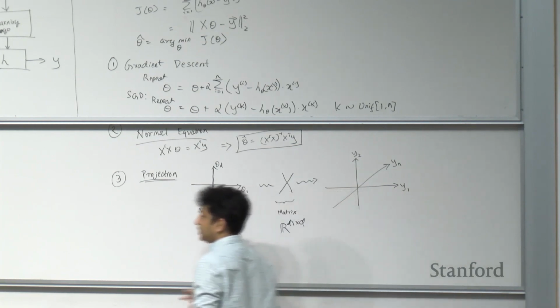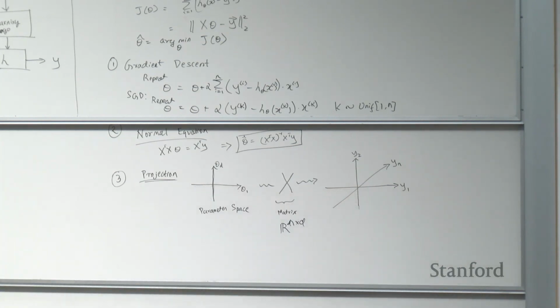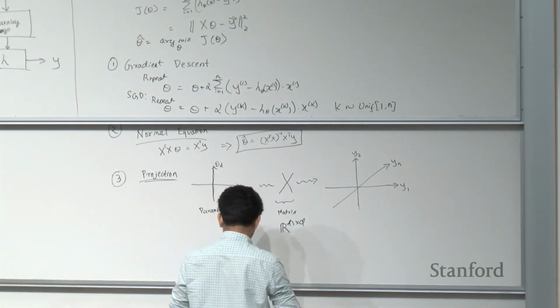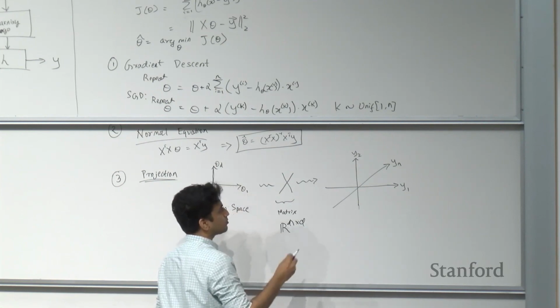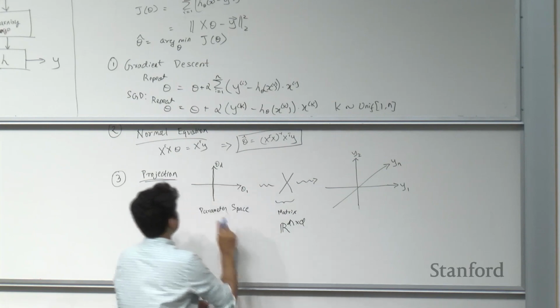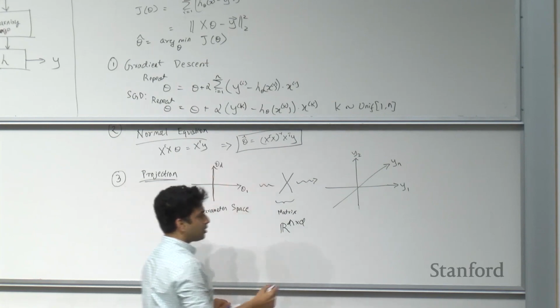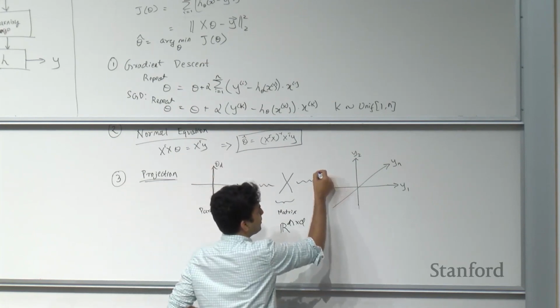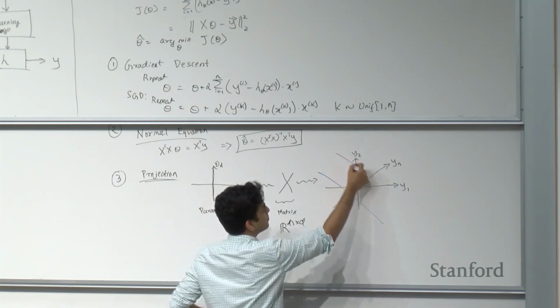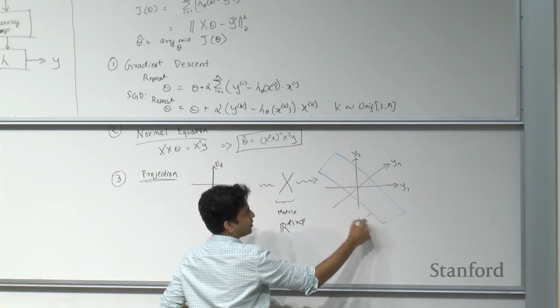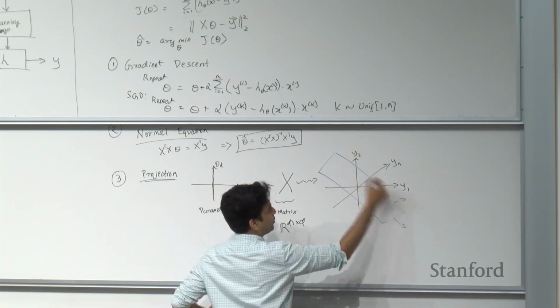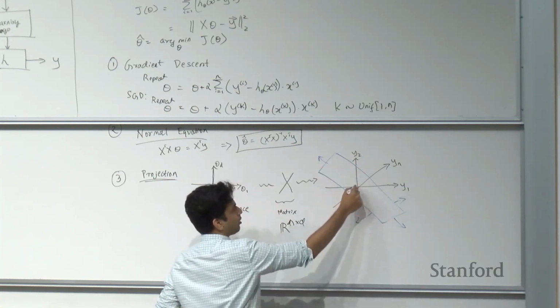Right? So let me use some different colors. The entire d-dimensional space will now get mapped to some subspace, and this subspace basically spans to infinity in all four directions, and it crosses through the origin.